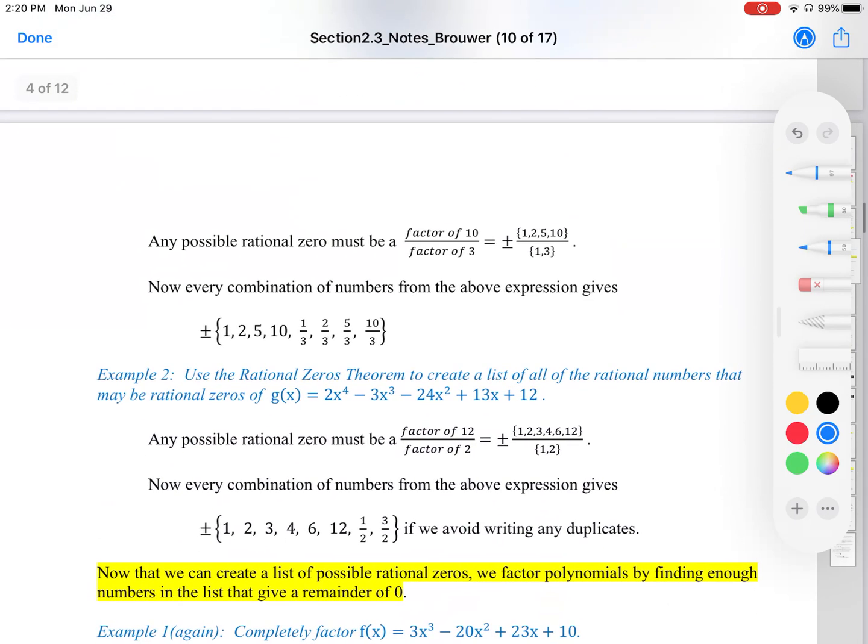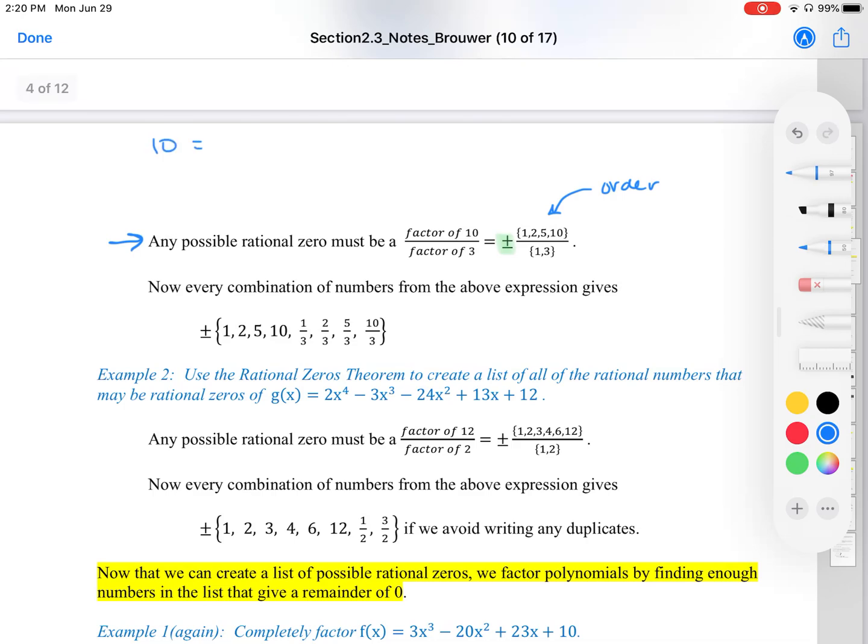Let's see how we would like to write them. Any possible rational zero must be in this form. So we have the same numbers, but we just write them in order. Above, we didn't have them in order. And we want to consider the plus and the minus. Why the plus and the minus? Well, if I'm looking to get 10, how many ways can I get 10?